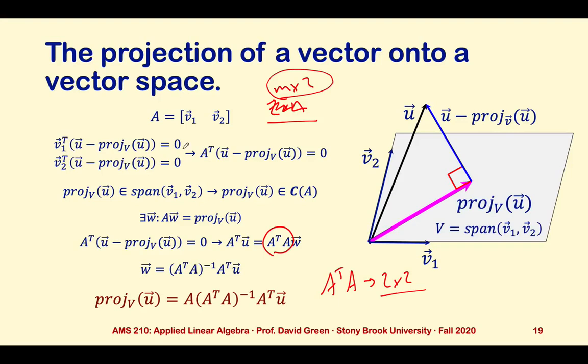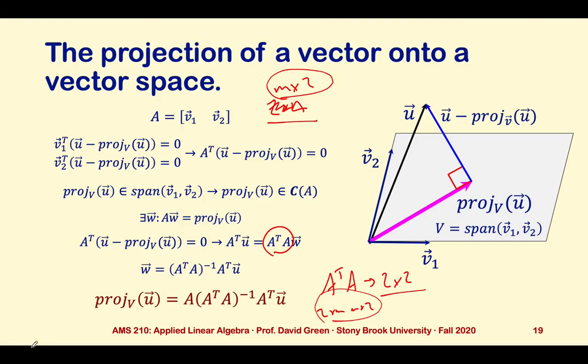As long as these columns are linearly independent, then the rank of A is 2, the rank of A transpose is 2, and when we multiply this 2 by m and m by 2 matrix, it will give us a 2 by 2 square matrix that ends up being rank 2, non-singular. This small square matrix is a non-singular matrix that we can invert.